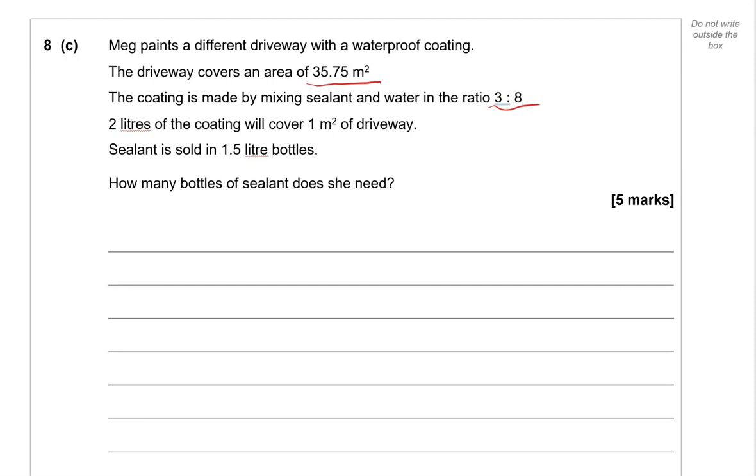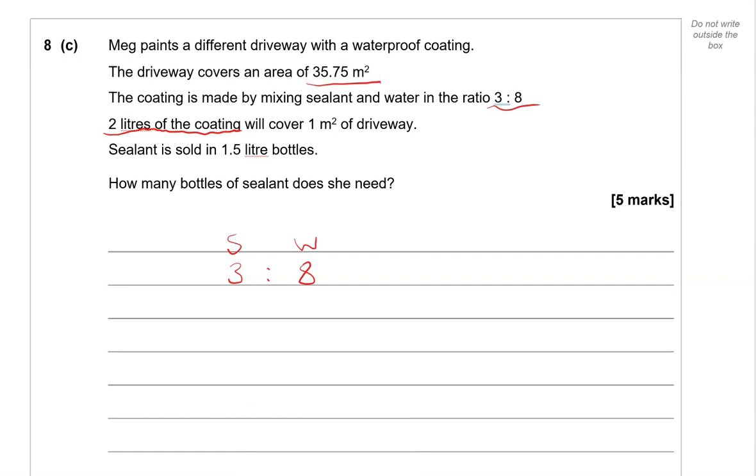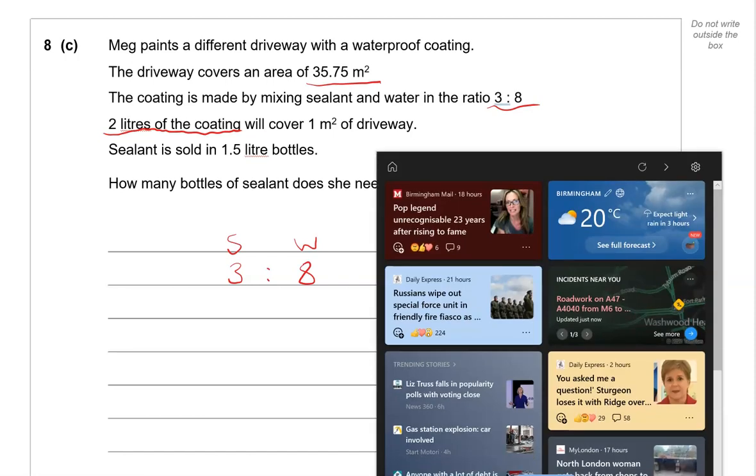So the ratio of sealant to water is 3:8. We know that 2 liters of coating, which is the mixture, will cover 1 square meter of driveway. So coating, 2 liters, covers 1 square meter.